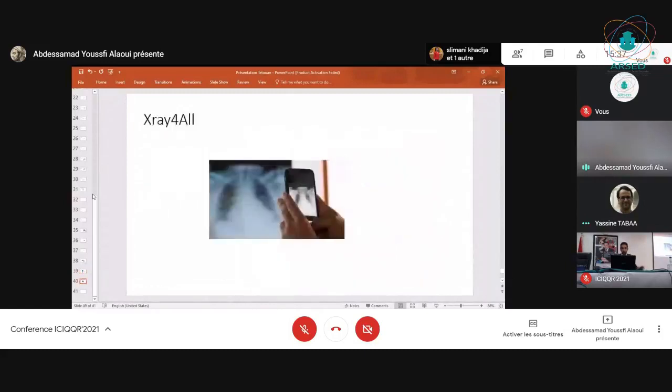We can also use, for example, a real solution which we can install on our phone. It's X-ray for all, which gives us diagnostics about X-ray images. And we can also use an autoencoder solution, for example, U-Net or U-Net Plus.